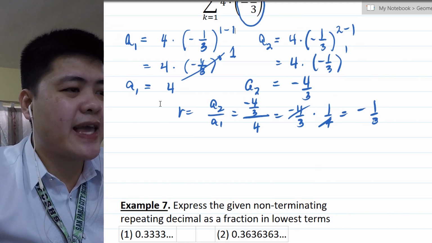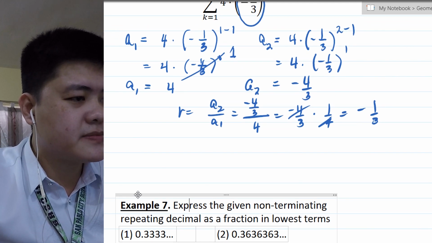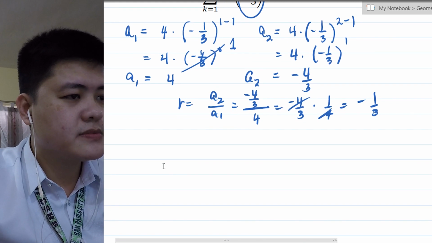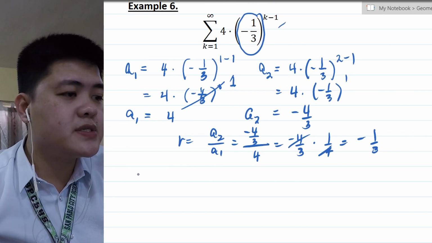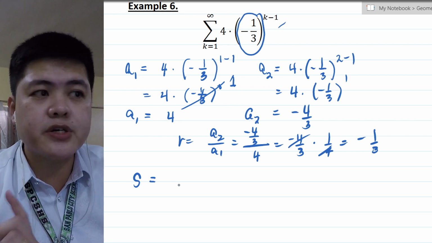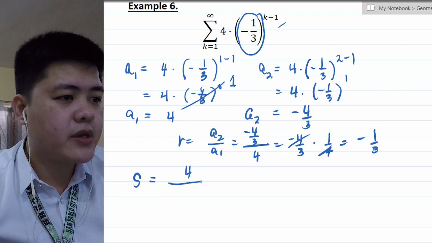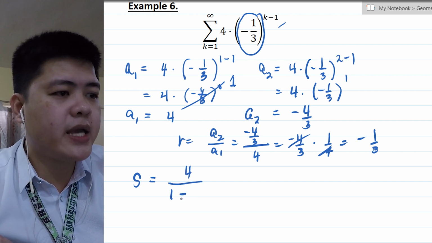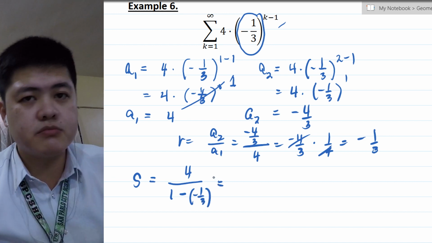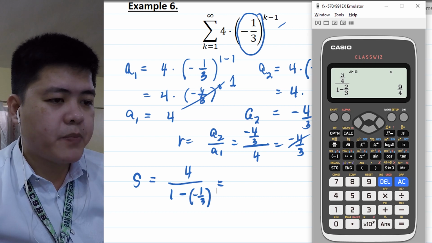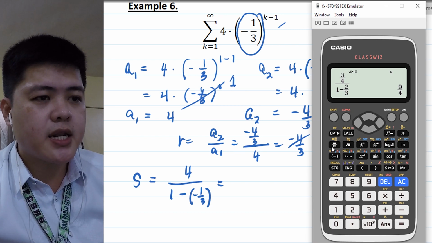So let's get the sum of the infinite geometric series. S is equal to first term, our first term is 4, over 1 minus negative 1/3. Okay. So, pwede tingin mano-mano to, pero pwedeng gamitin yung calculator natin.